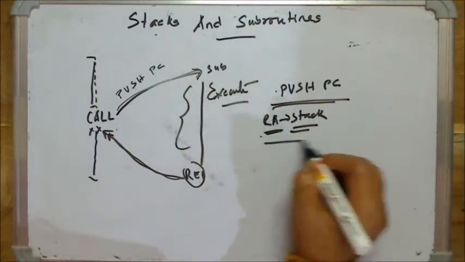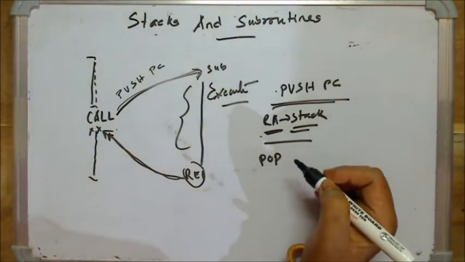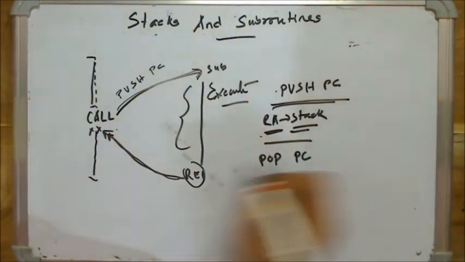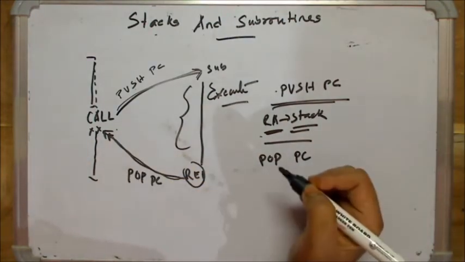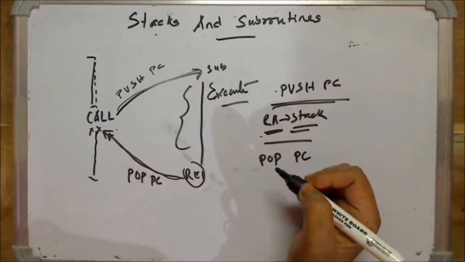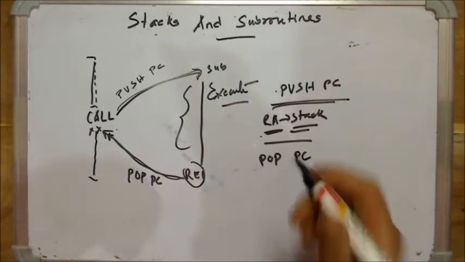The return address will be simply popped back. So we'll write pop PC. It will retrieve the return address from the stack. All these I have made clear in the call instruction video. Watch the video before coming here.